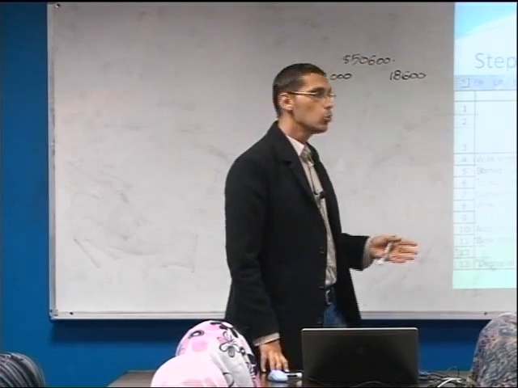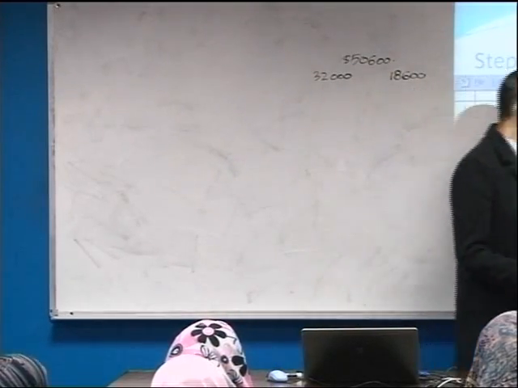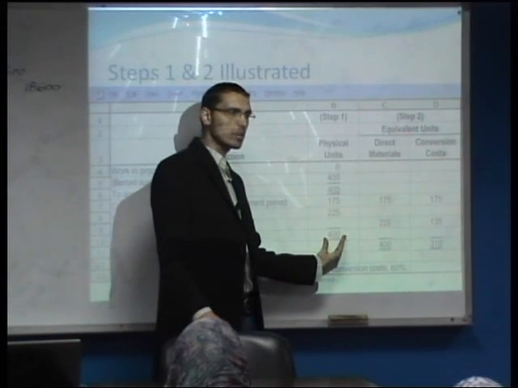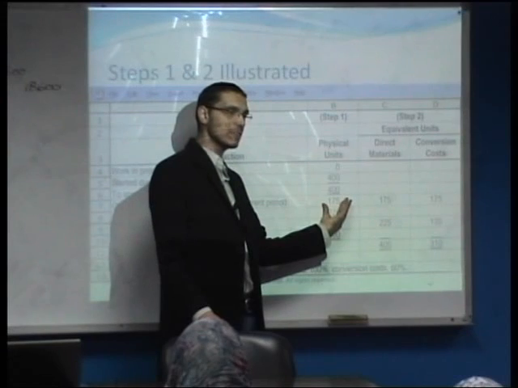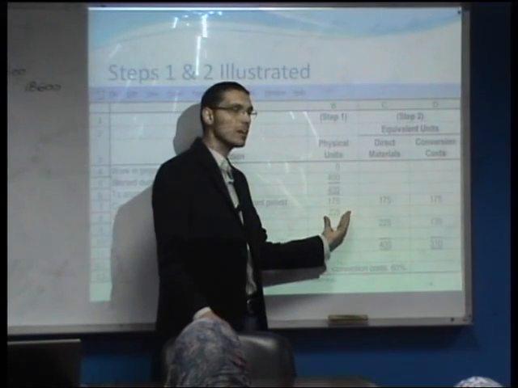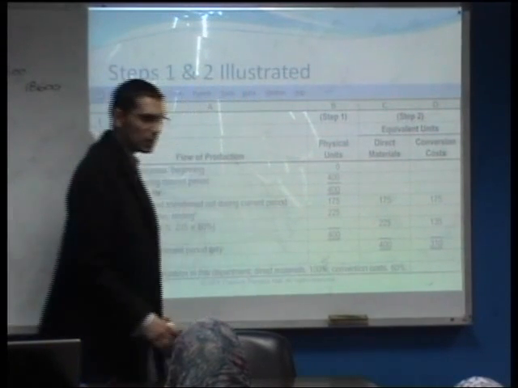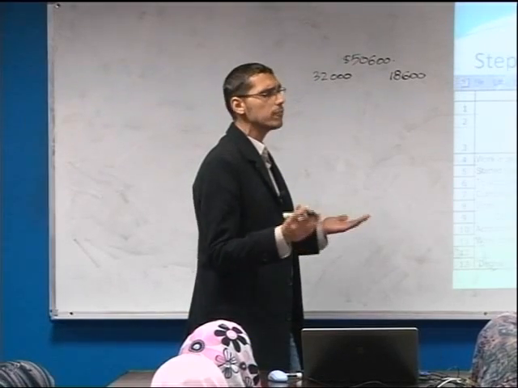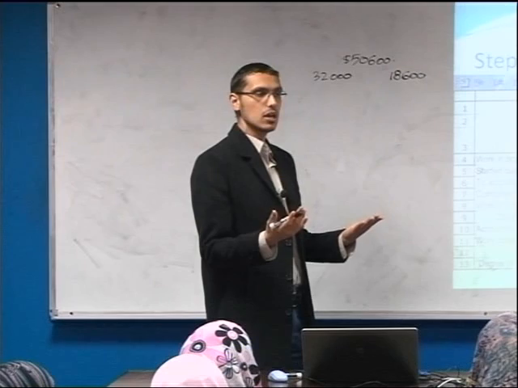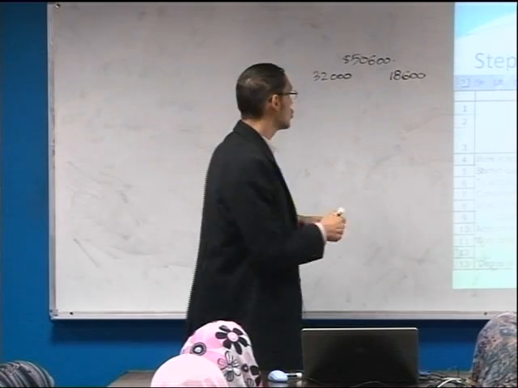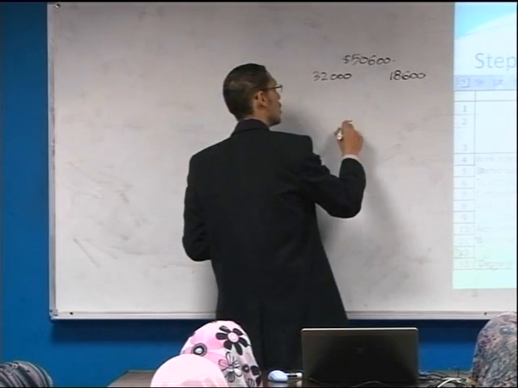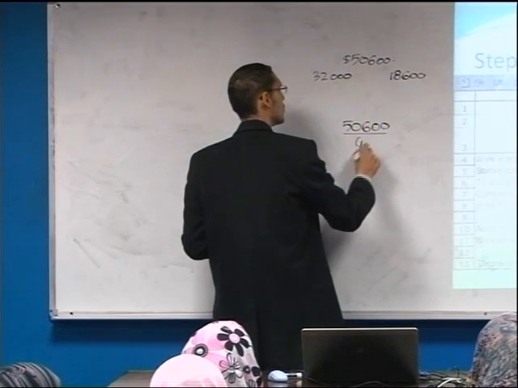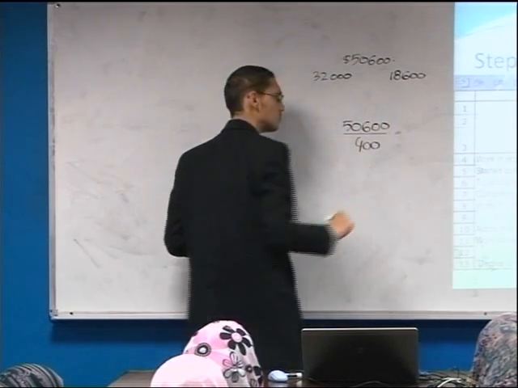As we can see here, we have 400 units at the end of the manufacturing process. 175 were completed, 225 were not completed, or were still in the work in process category. Therefore, I would ask you now, is it correct to divide the total cost of 50,600 by the total number of units of 400? No. Why not?